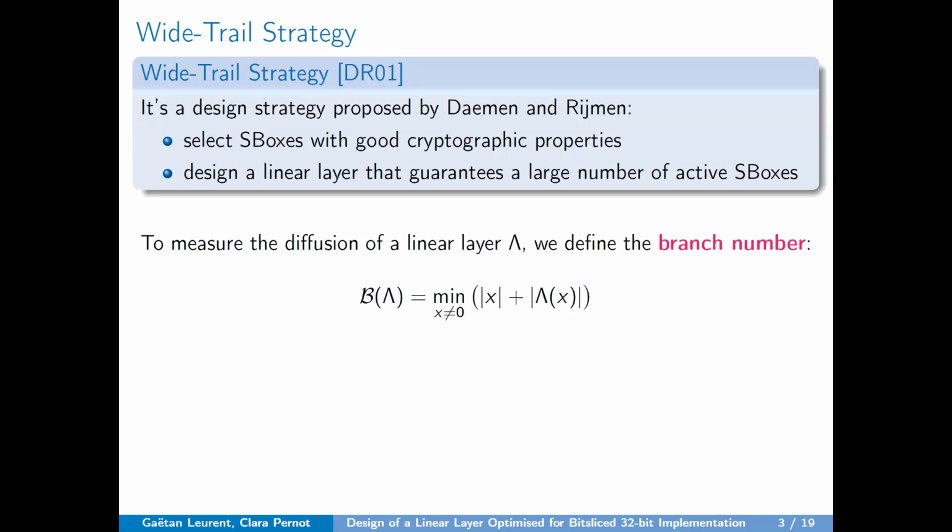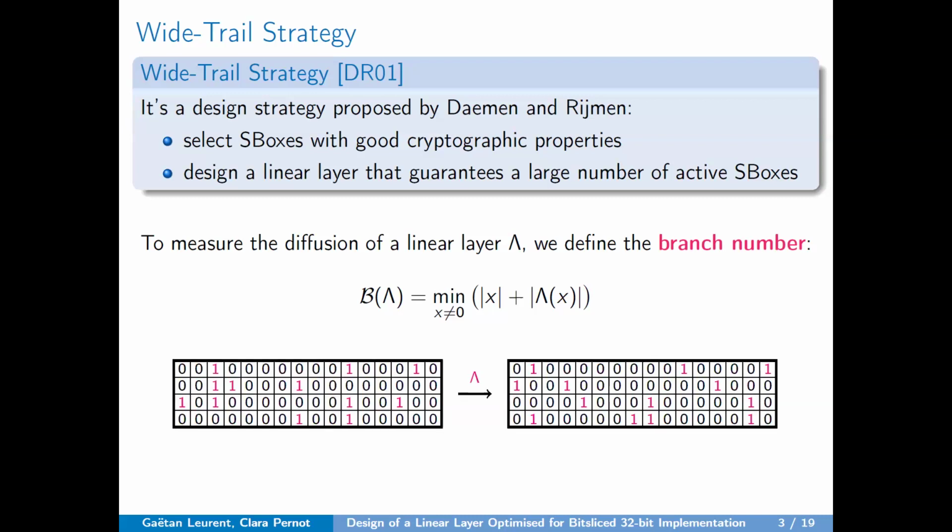So the branch number is the sum of the weight of X plus the weight of Lambda X, minimum over all the X. So here is a small example. We will define the weight of X and the weight of Lambda X column by column, because what is important is whether the S-boxes are active or passive.